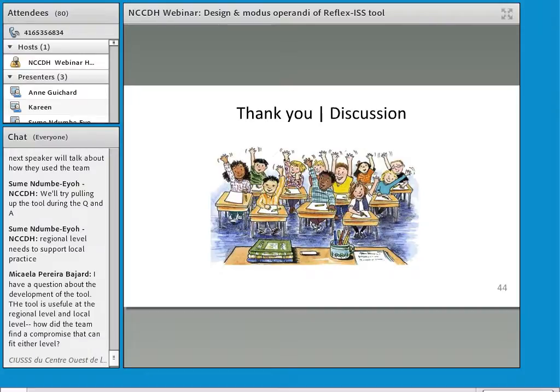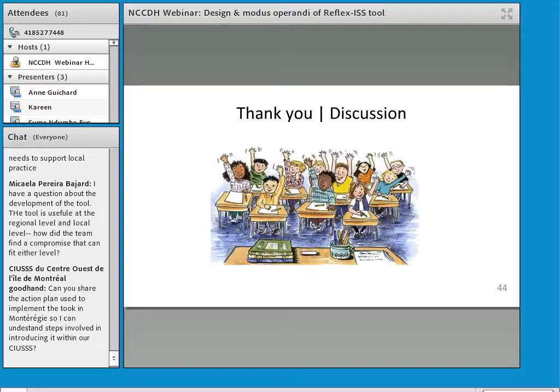The next question is about the development of the tool. The tool is useful at the regional level and at the local level. How was the team able to find a compromise that could fit either level? Okay. We really didn't need to reach a consensus because it was what they wanted. They wanted only one tool for everybody at the regional and local level. They really didn't want a multiplication of tools.